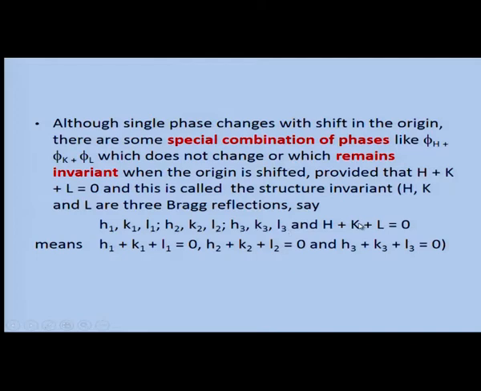But when I say h plus k plus l equals 0, you have to add all the h indices, add all the k indices, all the l indices, which means that h1 plus h2 plus h3 should be equal to 0. Then your k1 plus k2 plus k3 should be 0, and l1 plus l2 plus l3 should be 0, which means that all these 3 equations satisfy h plus k plus l equals 0.